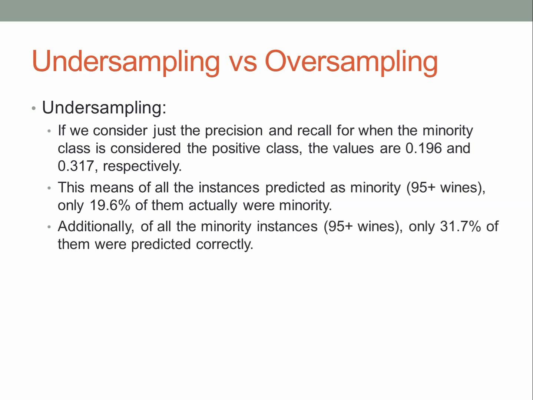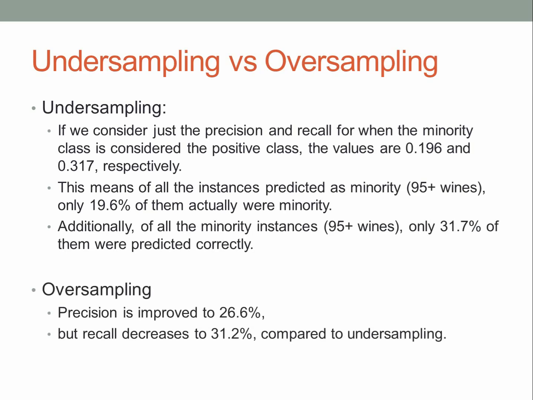You need to understand one thing: by increasing the precision and recall, the cost is that we are reducing the accuracy. But that is a trade-off that we need to make with an imbalanced data set.